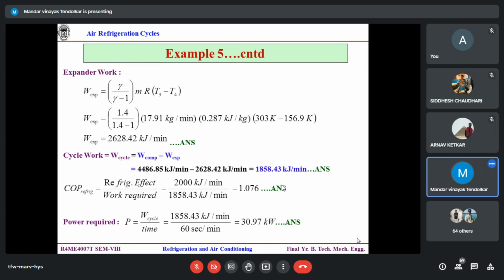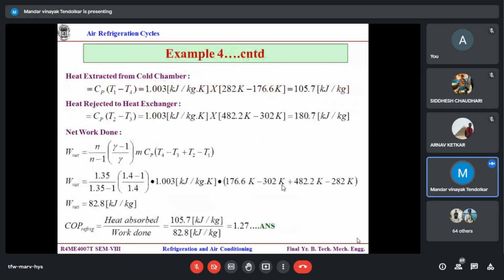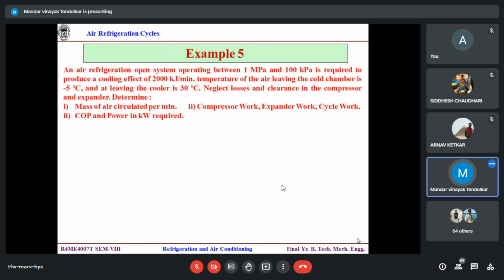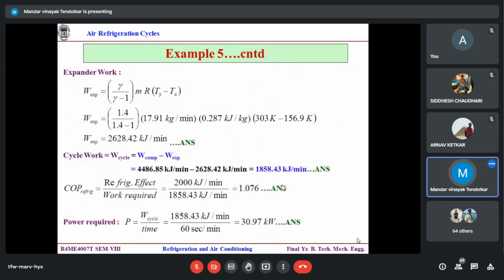So always, sir, as a thumb rule, after going through a couple of numericals, here the COP is 1.076. Here COP is 1.27. So always remember as a general thumb rule, for all the refrigeration systems, the air refrigeration cycle COP is slightly greater than 1, between let's say 1 to 1.5, not more than that.